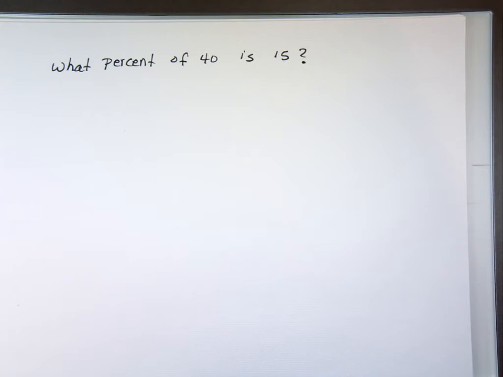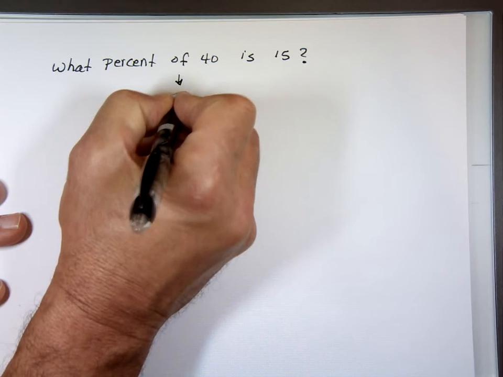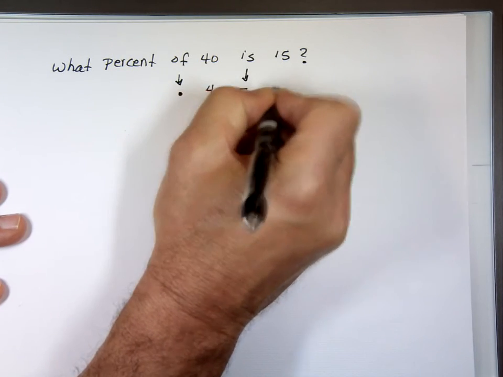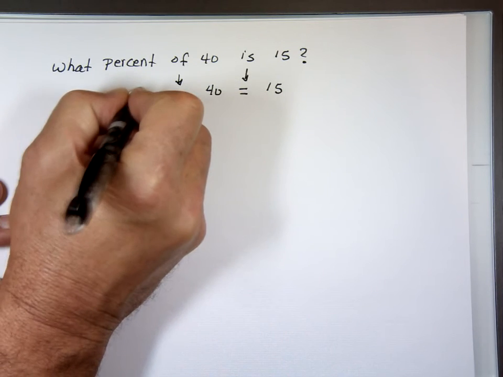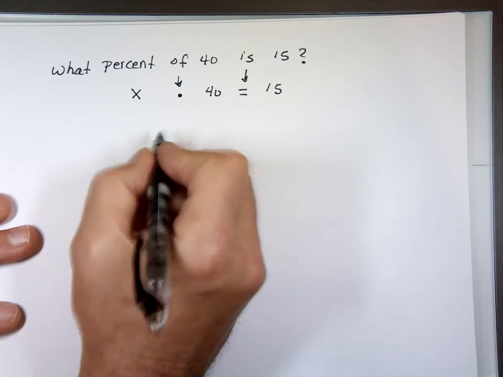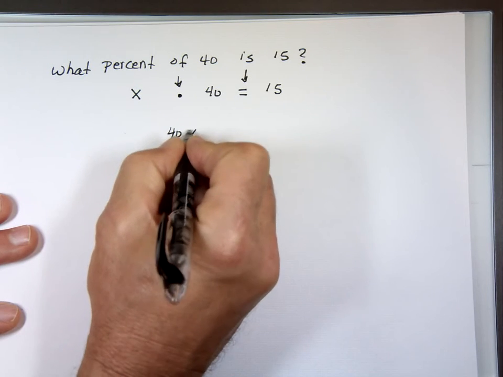What percent of means multiply, is means equal. That's unknown. X times 40, 40x equals 15.